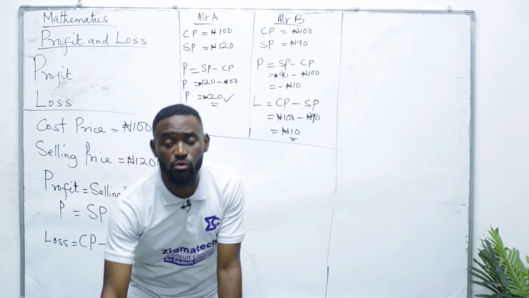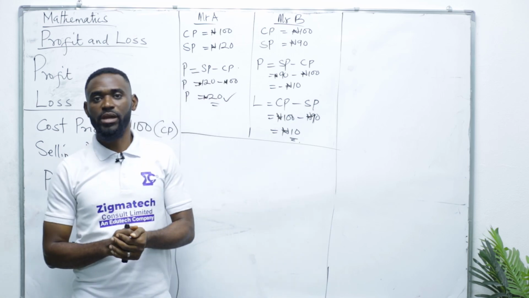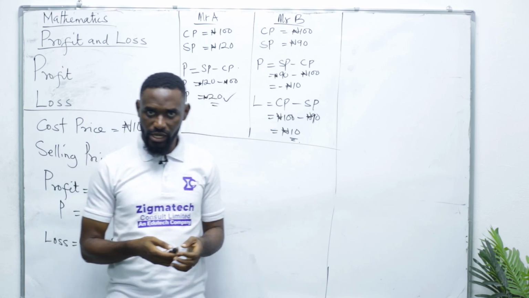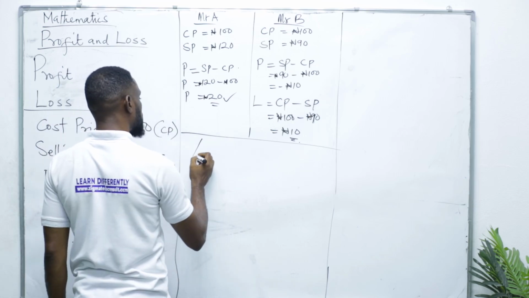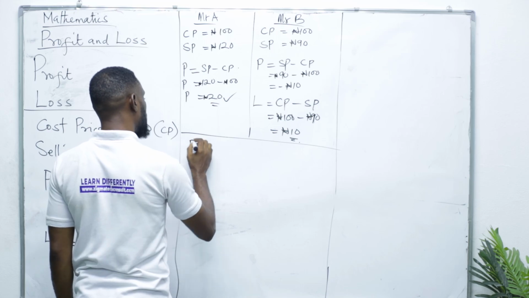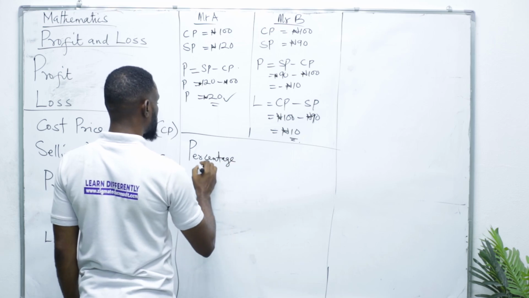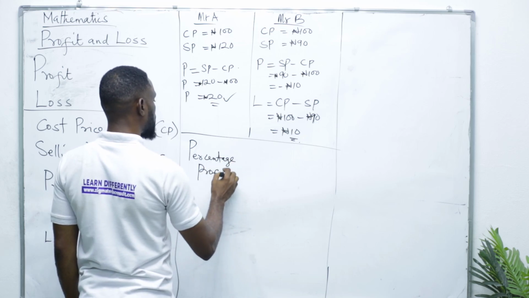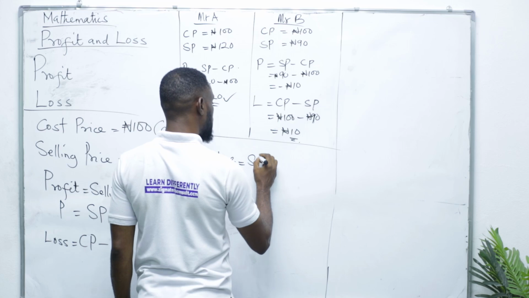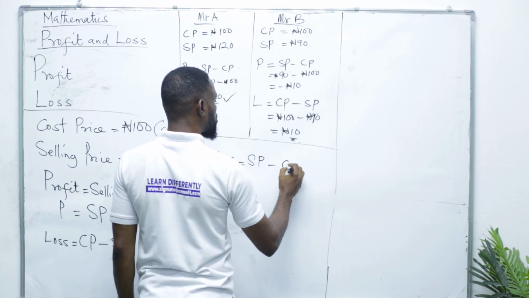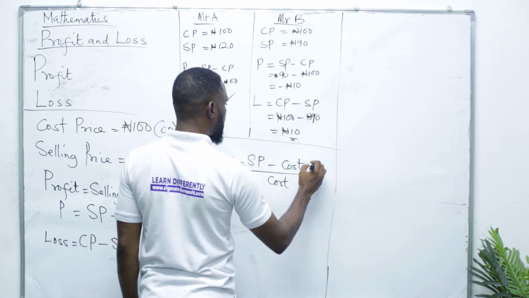Another thing we'll look at is how to calculate what we call percentage profit and percentage loss. Percentage profit is equal to selling price minus cost price, all over cost price.